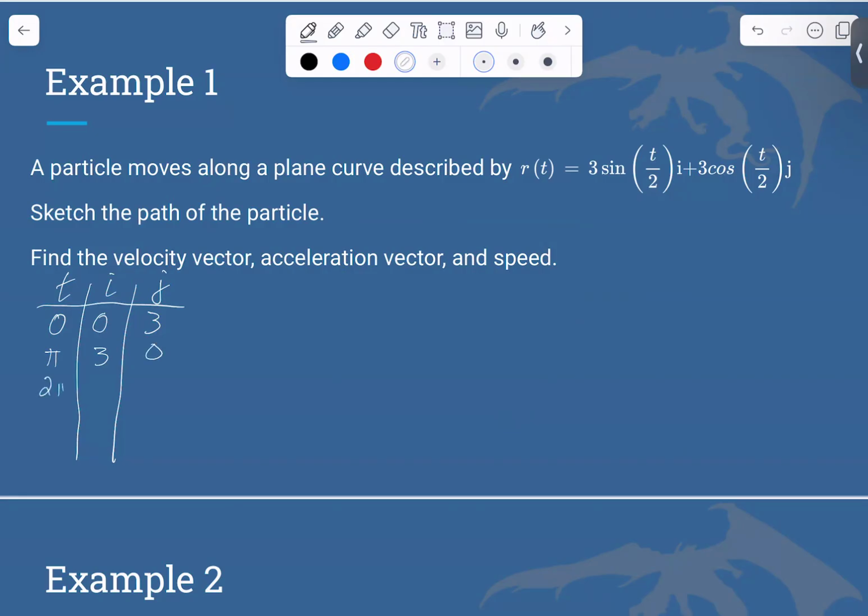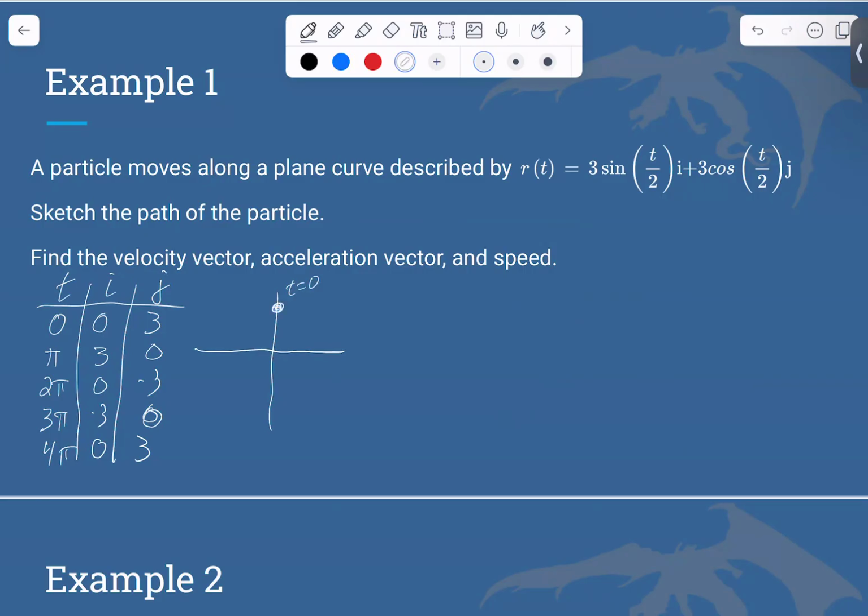Now let's just keep going up. Easy ones like 2 pi, we'll do 3 pi, and then we'll do 4 pi. For 2 pi, you should get 0 and -3. Then you should get -3 and 0. And then the last one is where we started, 0, 3. So if we draw this, at time equal to 0, we get 0, 3.